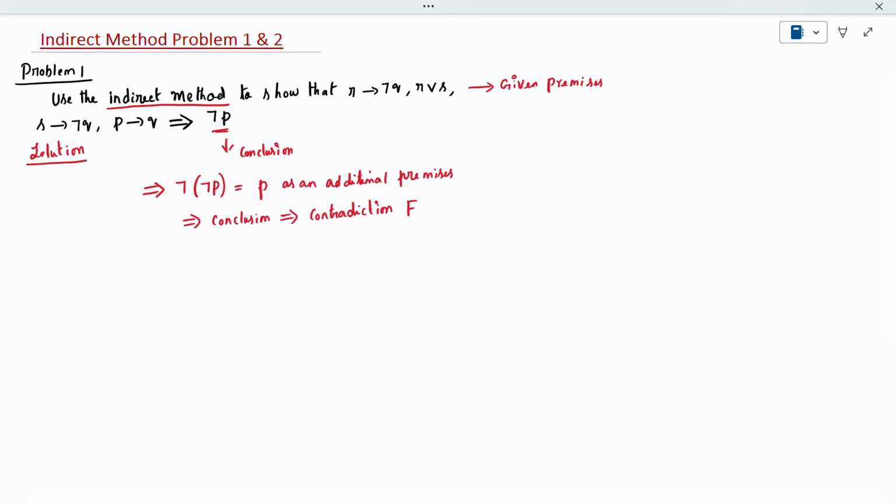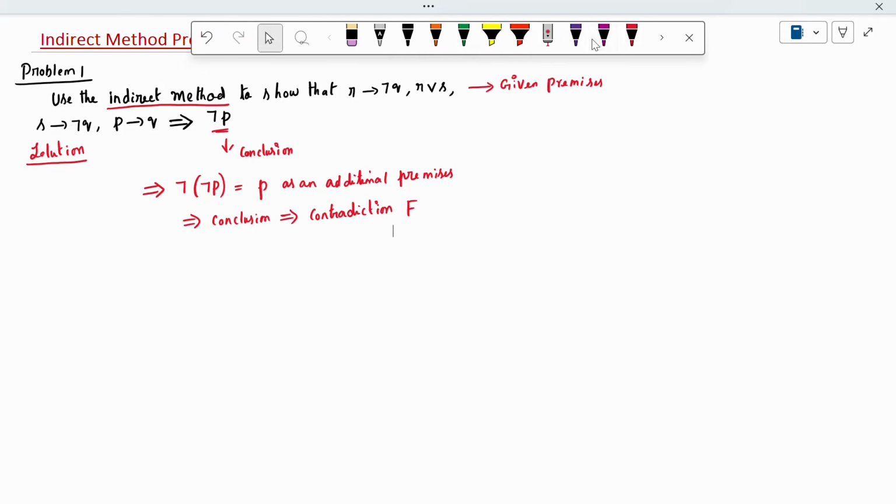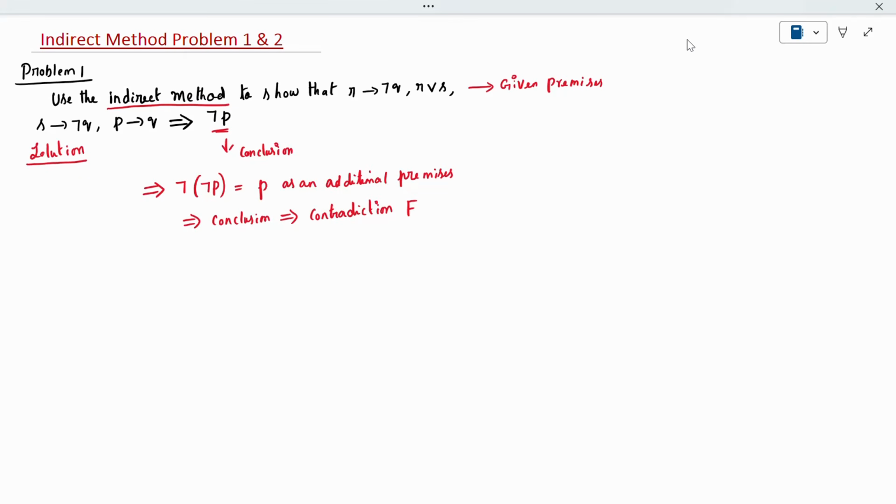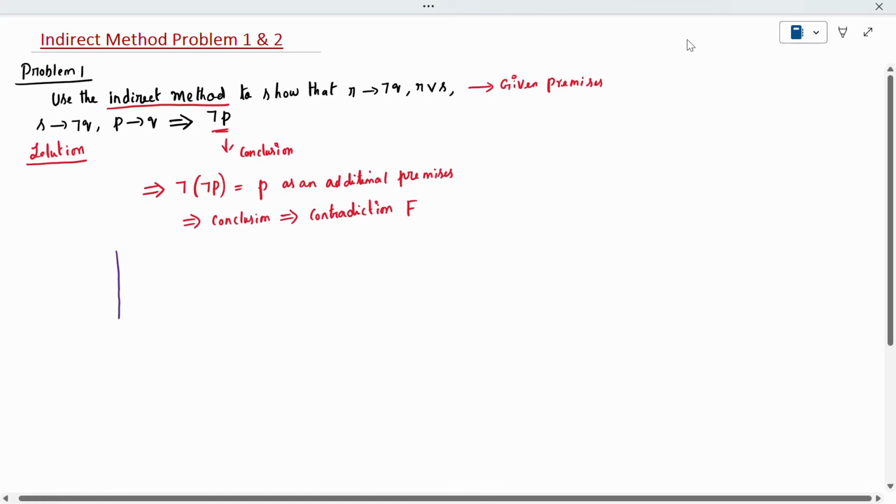We'll go directly to the problem. First, we write it in a table format: step number, statement, reason.